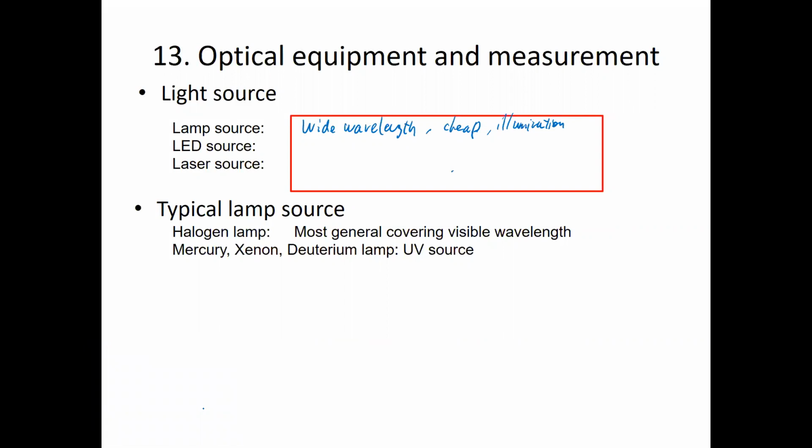And also the other important point in photochemical process is UV light source. Even for now, UV light source is very difficult to obtain by LED or laser.